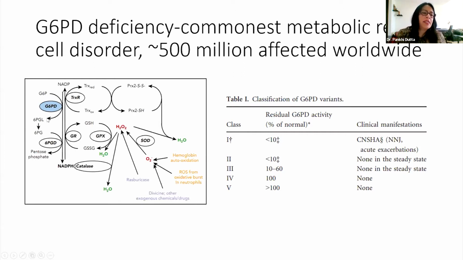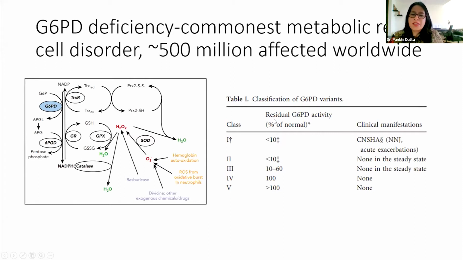And G6PD enzyme is the most important enzyme for production of NADPH. So its absence can lead to oxidant damage and hemolysis. And there can be various types, more than 140 G6PD variants, genetic changes.